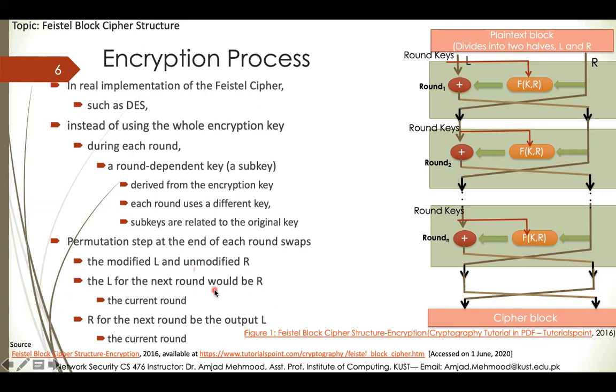The left for the next round would be the current round's R, and the right for the next round would be the current round's output L. I have already explained this in my previous slide: you divide the plain text into two halves, and the right half passes to the left side without any change, whereas on the left side we perform this function, and then this will be XORed with the left side and passes to the right side. At the end the permutation is performed, and you will get the cipher block.